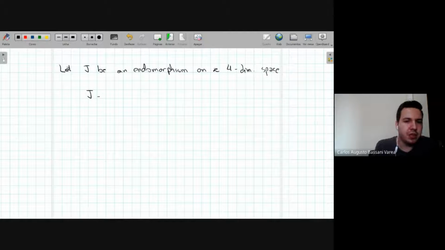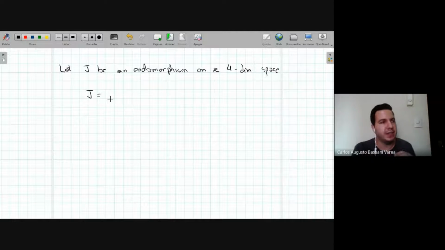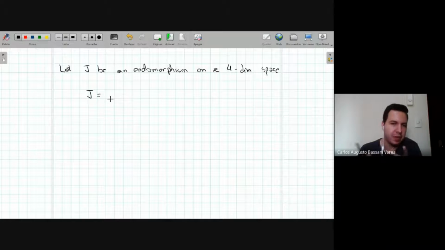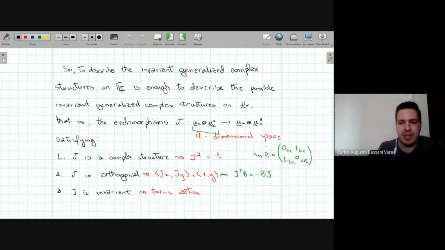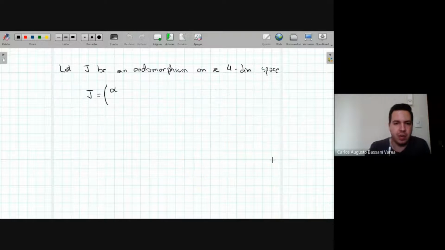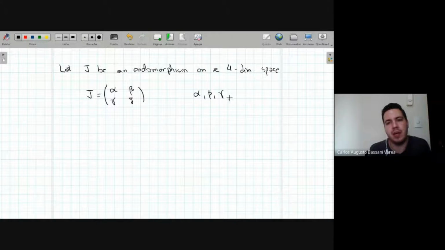And we are going to denote J in matrix form, and we use blocks because we are going to ask it to satisfy this condition here. And here we have that B is a block matrix. So we will write J in terms of a block matrix where alpha, beta, gamma, and delta are real matrices of order 2. Okay?